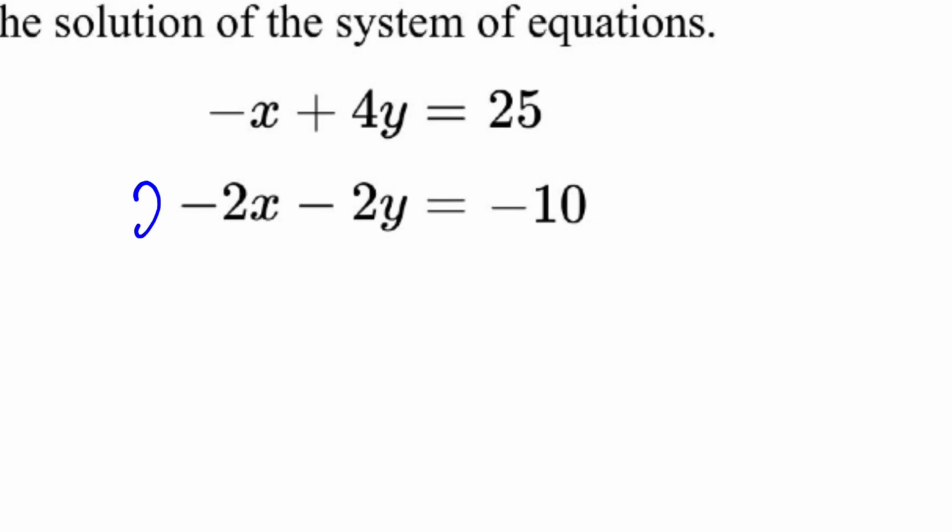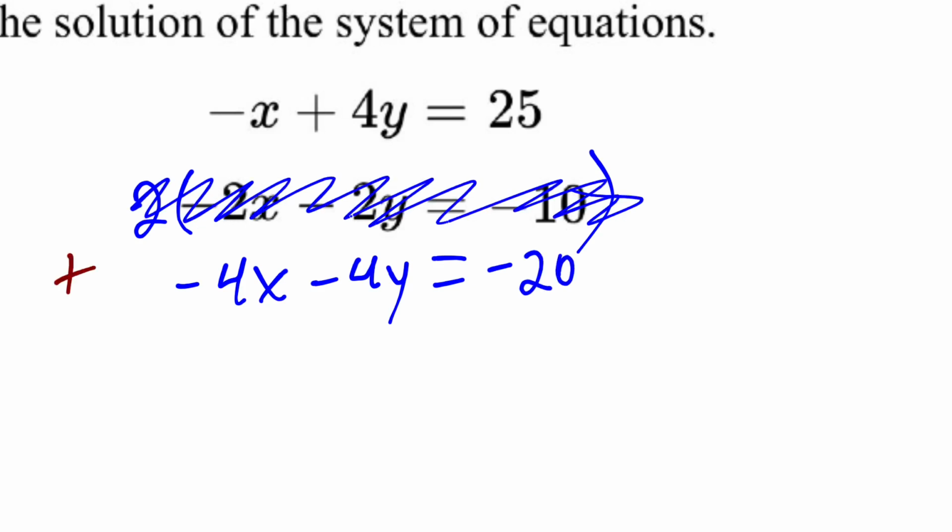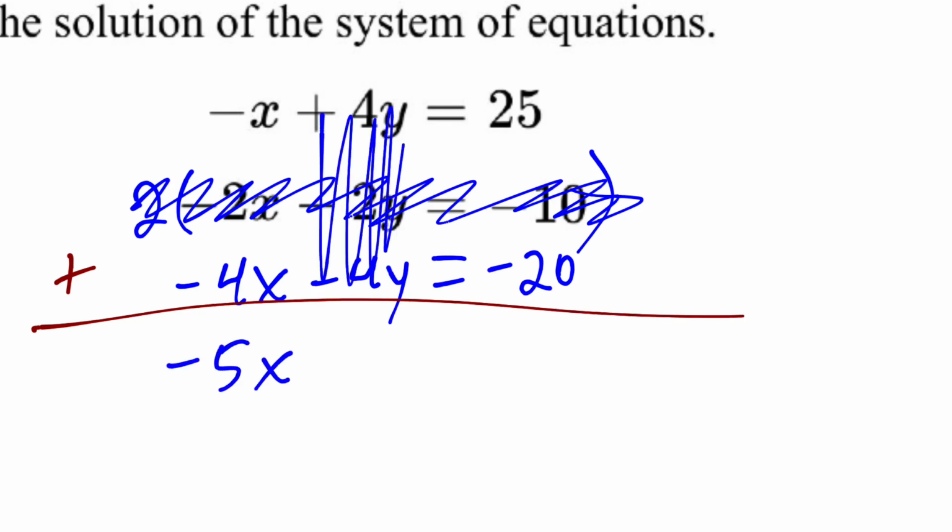So that seems right. Let's double this. Negative 4x minus 4y is equal to negative 20. And I'm going to cross out the one that I just did, and now I can add these straight down. Negative 5x, the y's go away, is equal to 5. So I divide both sides by a negative 5. X is negative 1.